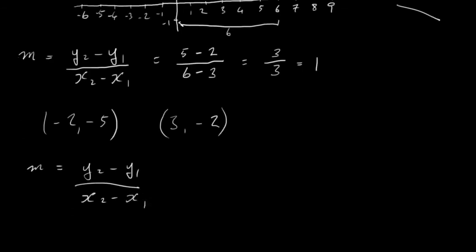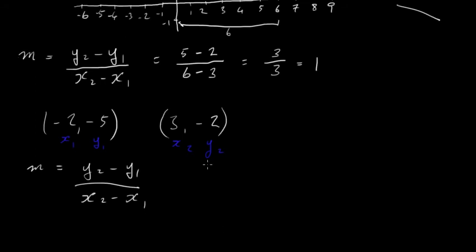So what you do is just identify which one you'd like to be x1, y1, which one you'd like to be x2, y2. Let's say we'll take this one as being x1, y1. So this is our first x value, this is our first y value, this is our second x value, this is our second y value.